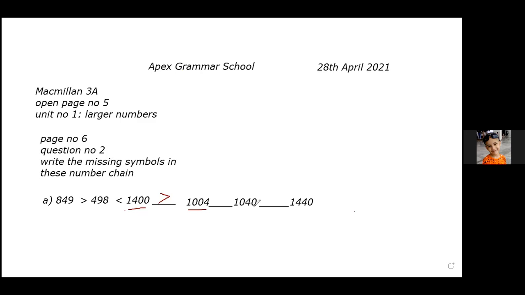He wants to eat more burgers to fill his belly. Here on my left hand, there are 1004 burgers, and on my right hand, there are 1040 burgers. So on my right hand, I have more burgers. So he will open his face towards 1040.